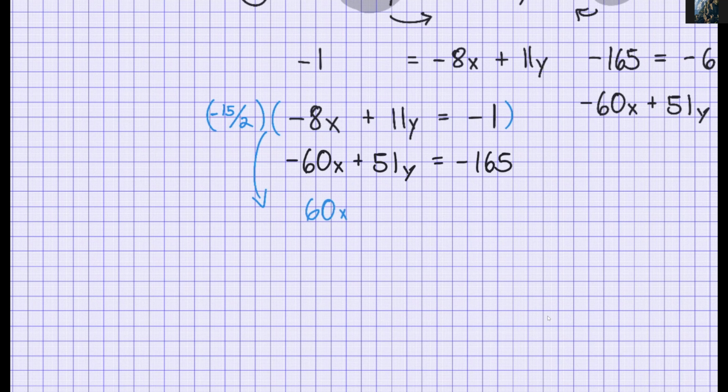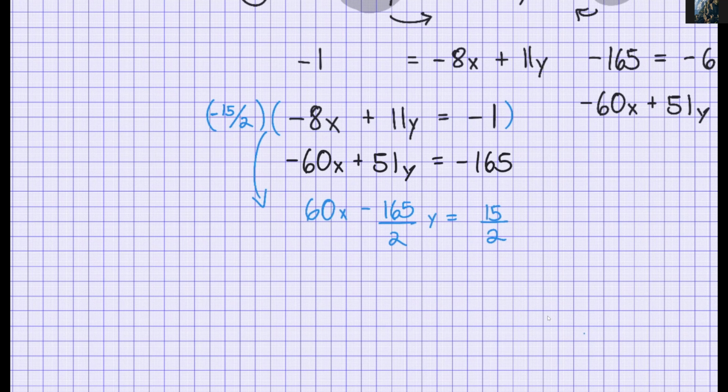And then negative 15 halves times positive 11 will be negative 165 halves of y. This will be equal to negative 15 halves times negative 1, which will be positive 15 halves.